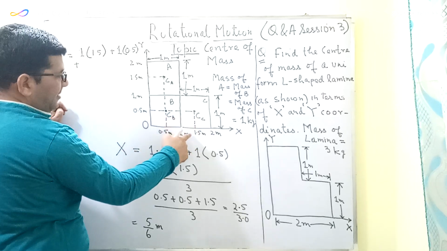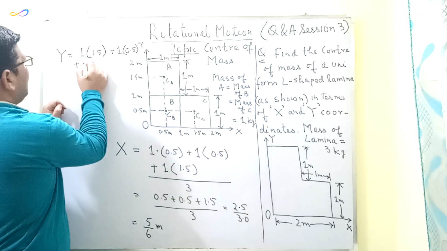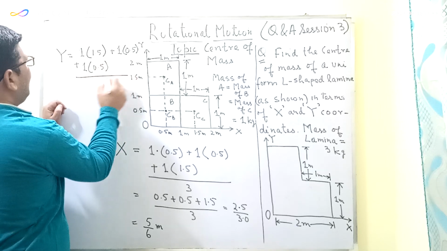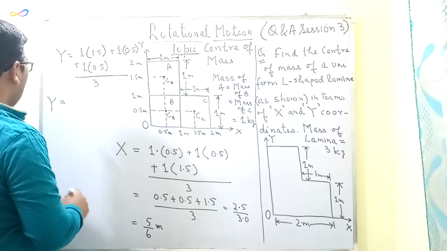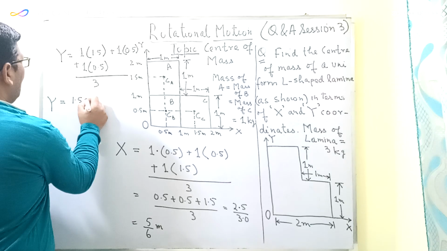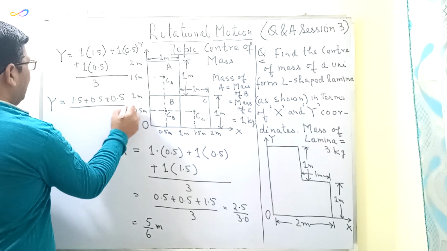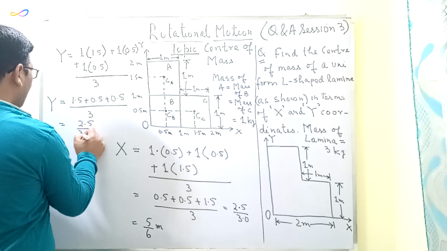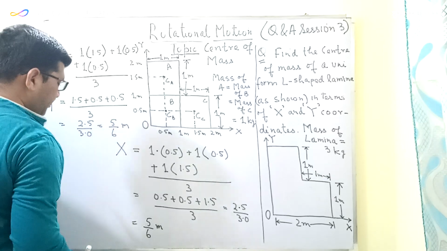The center is lying at a distance of 0.5 meter along the y-axis, divided by 3, that is the total mass. So the center of mass along the y-axis will be equal to 1.5 plus 0.5 plus 0.5 divided by 3, which is again 2.5 divided by 3, equal to 5 by 6 meter.